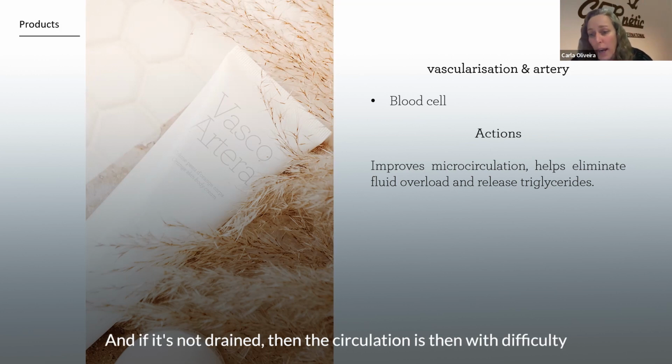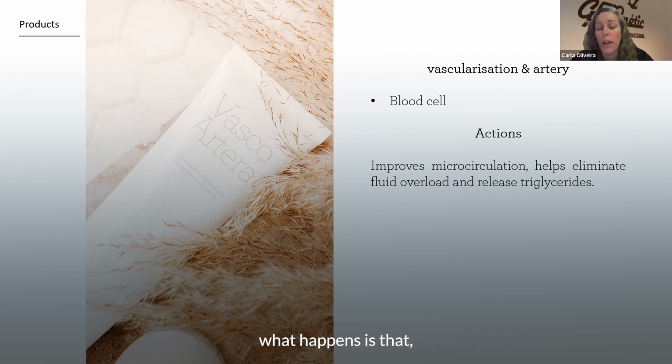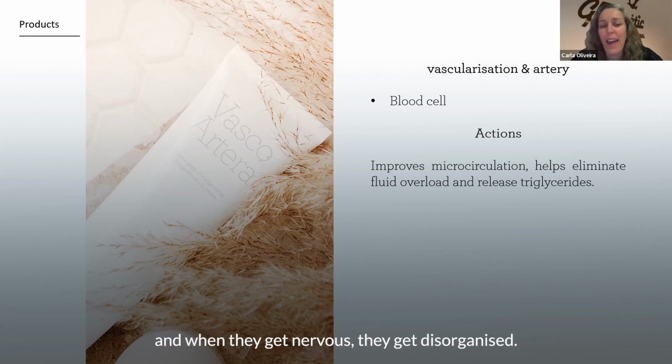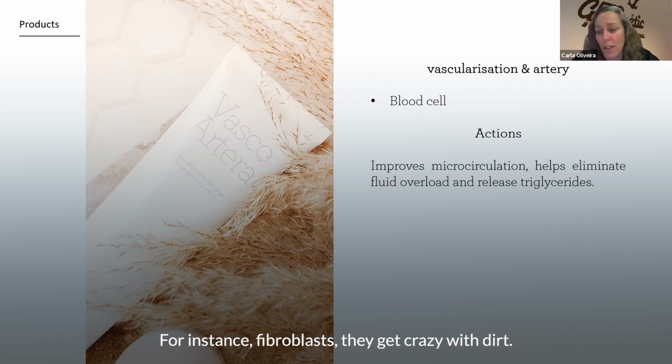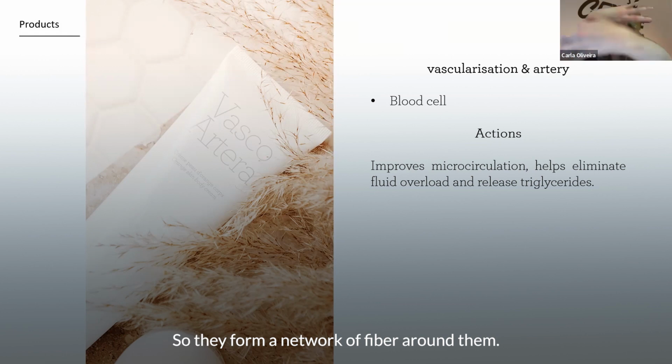And if it's not drained, if the circulation is done with difficulty, what happens is that the cells get nervous. And when they get nervous, they get disorganized. And when they get disorganized, they start working in a disorganized way. For instance, fibroblasts get crazy with dirt. So they start producing collagen and elastin like crazy. So they form a net of fiber around them.